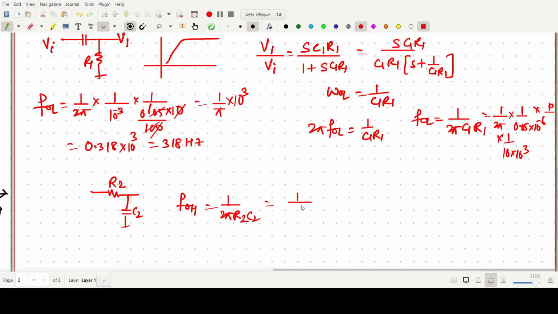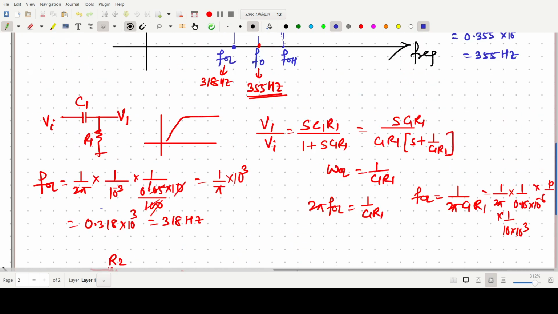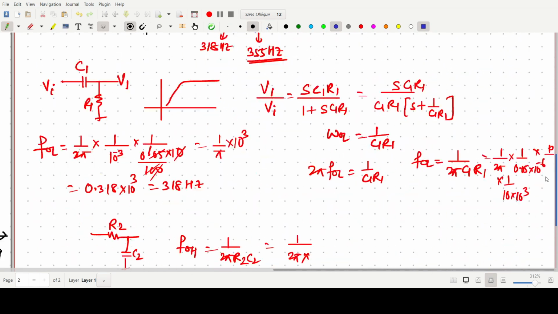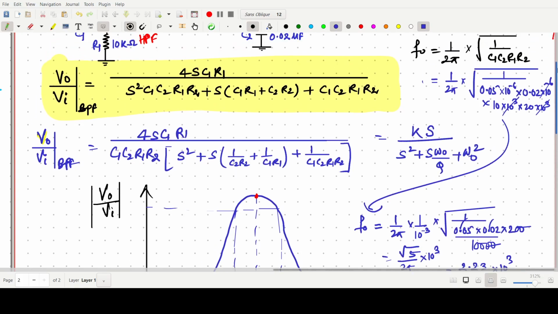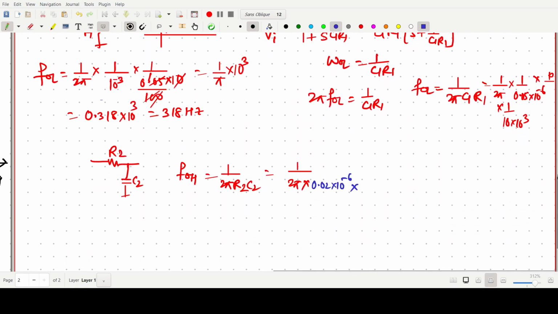C2 value is 0.02, I think, so we write 0.02 into 10 to the minus 6, and R2 value is 20 kilo ohm, so 20 into 10 to the power 3.